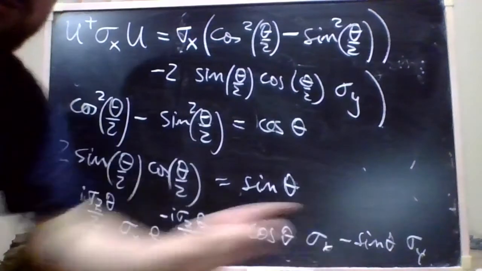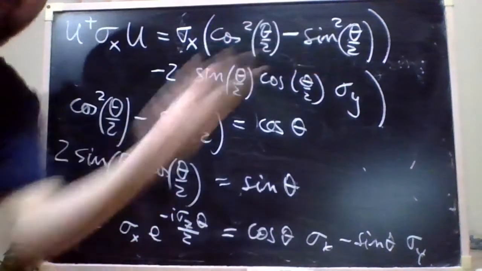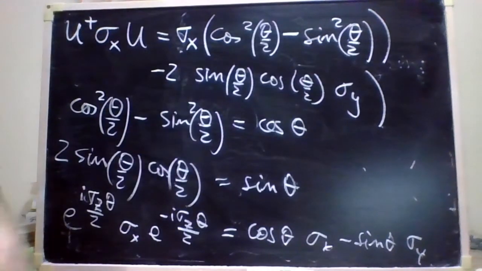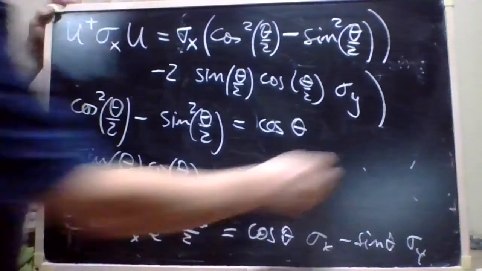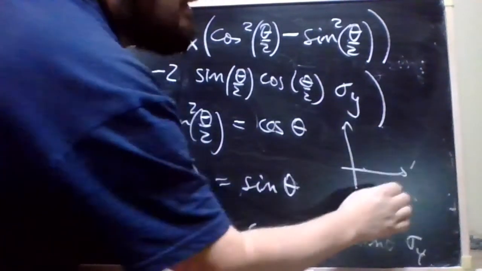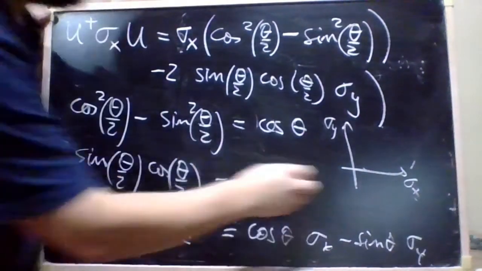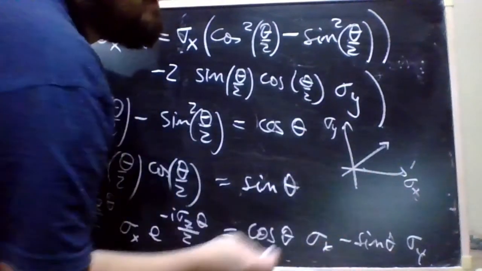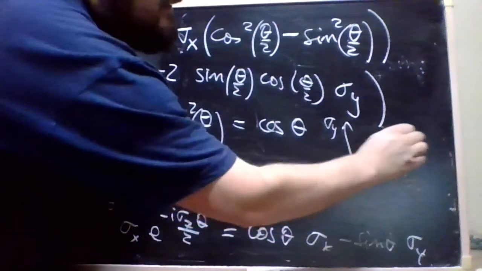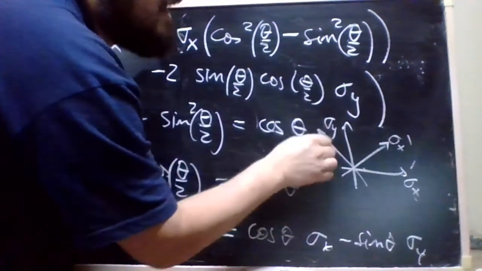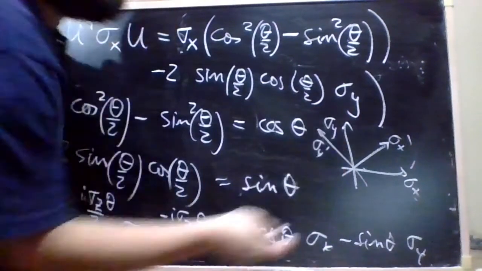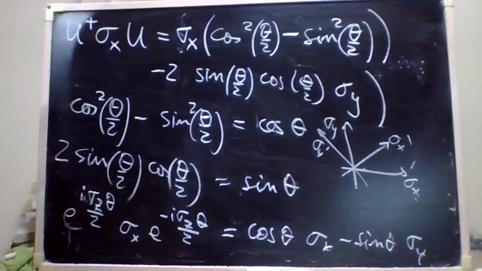Notice the resemblance with the rotation by an angle theta of vectors. Here you can think that you had a sigma of x direction, sigma y, and then you rotate these matrices. Now you have a sigma x primed and a sigma y primed, say. All right, they are rotated. The Pauli matrices are rotated.